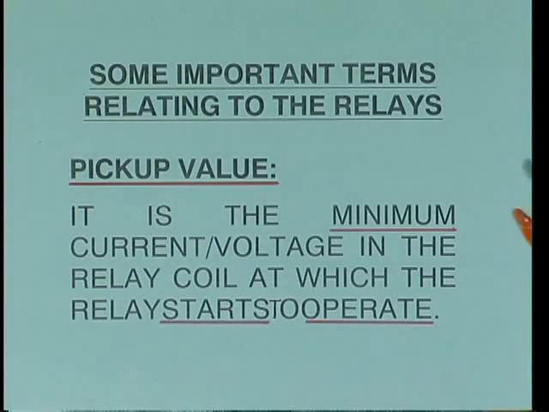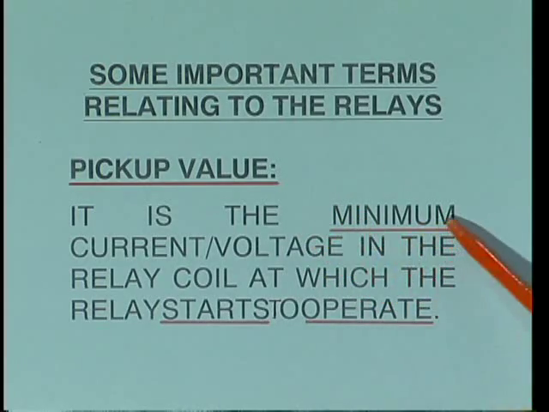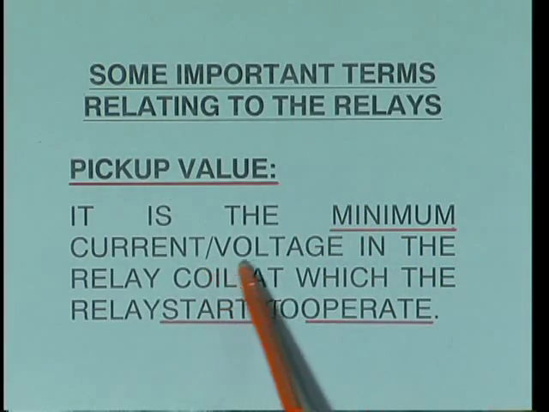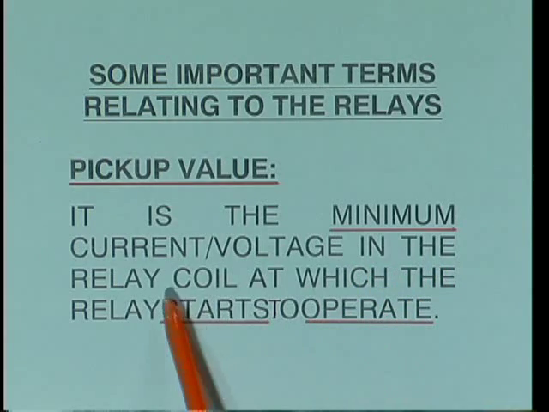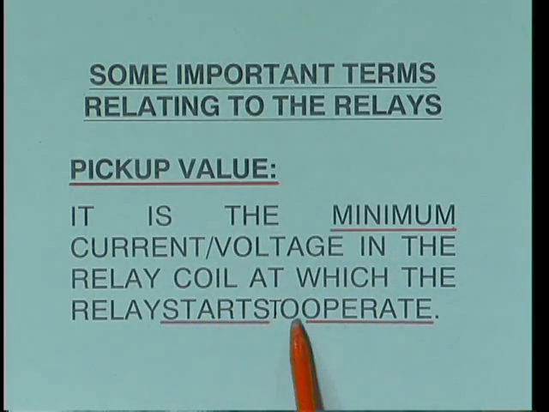Next, coming to some important terms relating to the relays. The first one is the pickup value. So what is the pickup value of the relay? You see in the figure, pickup value. It is the minimum current or voltage in the relay coil at which the relay starts to operate.